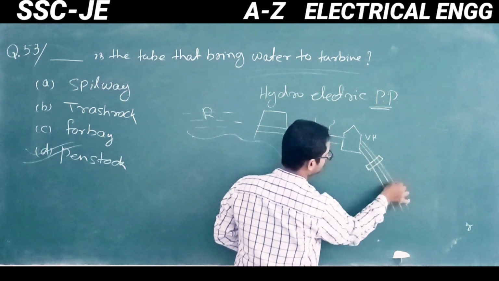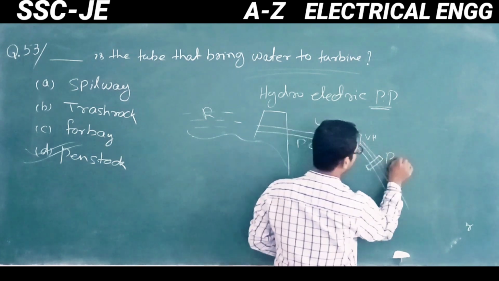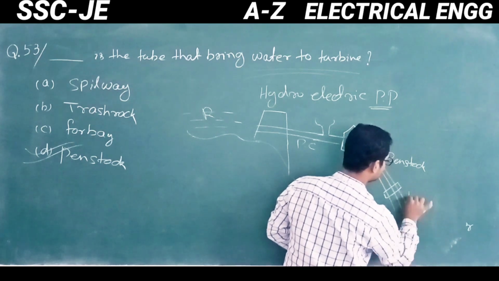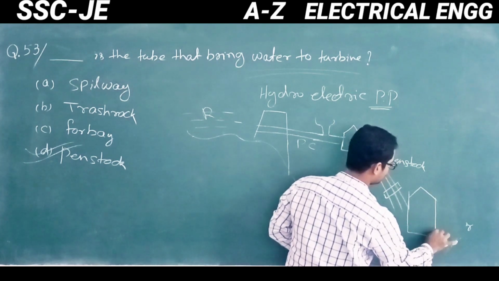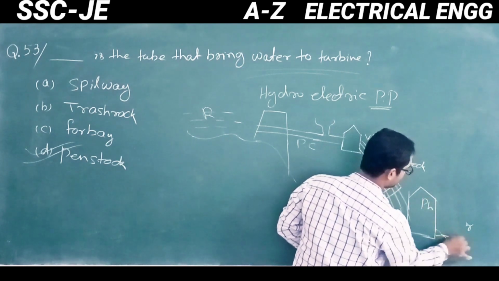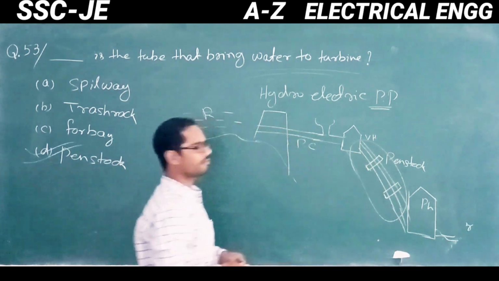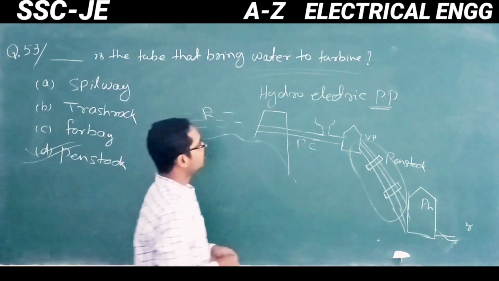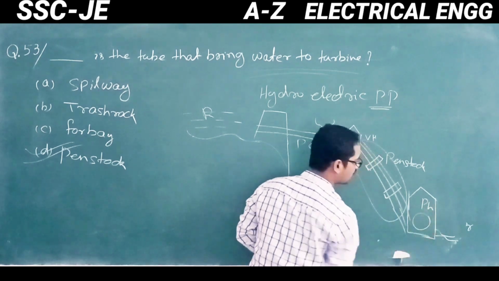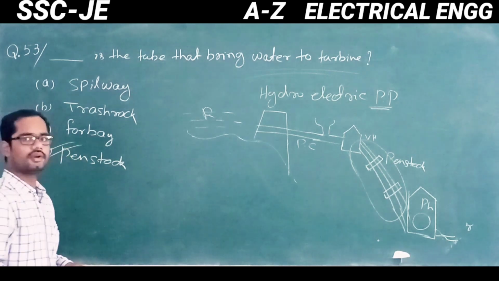These tubes, called penstock, carry the water to your powerhouse, and from there this is your outlet. This is the structure of the penstock, the pipe-like structure which brings the water to your turbine. From the reservoir the water comes to the powerhouse, where your turbines are present. So the correct answer is penstock, option D.